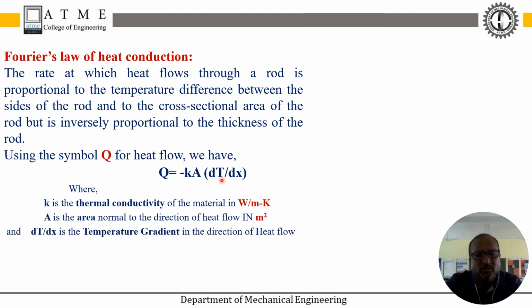Here Q is the rate of heat flow, K is the thermal conductivity, A is the cross-sectional area, and dT by dx is the temperature gradient in the direction of heat flow. This is the equation which we are going to use today. I'm not going into detail of this because we have already understood this in our theory classes.